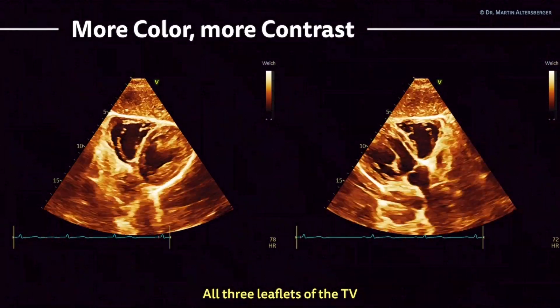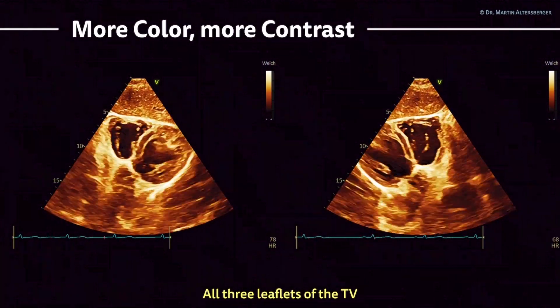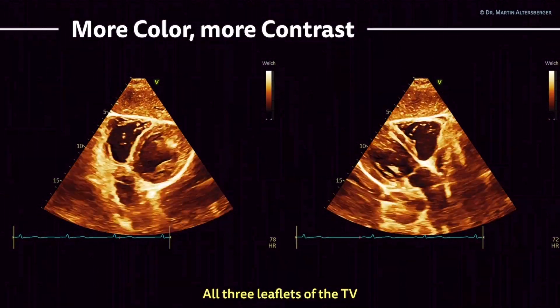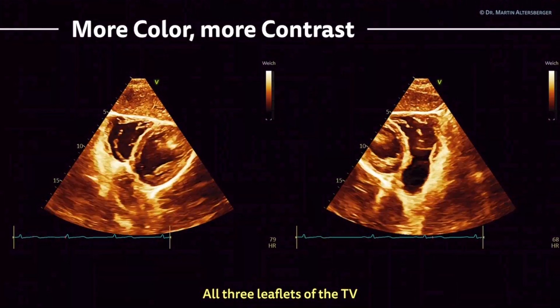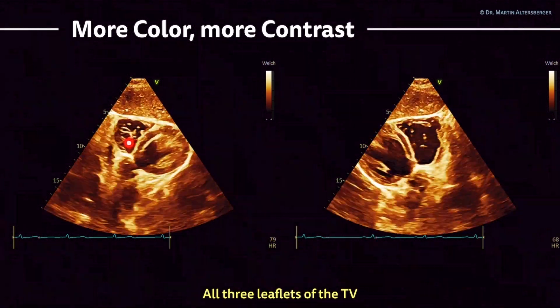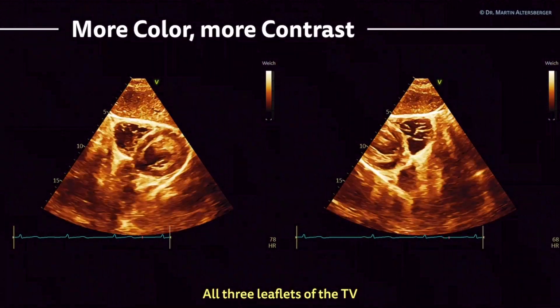So from many views, with a little bit of rotation and a little bit of tilting, you can differentiate tricuspid valve, right ventricular structures and left ventricular structures. By means of orientation, anterior, posterior, and septal, you can see and describe in this view as well.